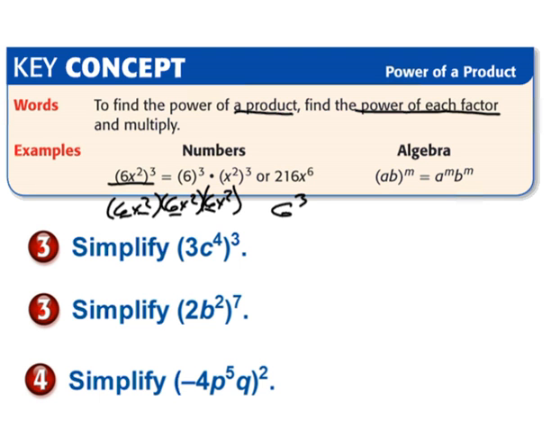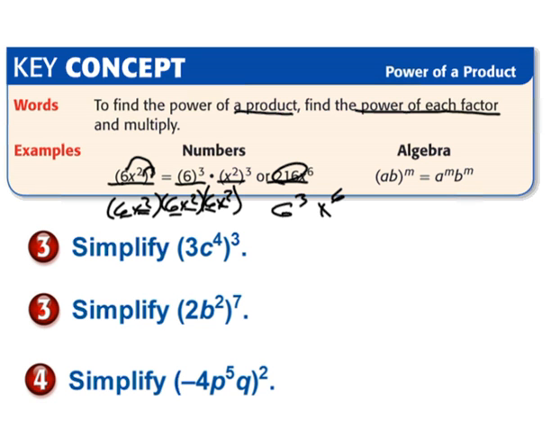And I collect all my x's, I get x squared three times, which is x to the 6th. Or I could simply go 6 to the 3rd power and x to the 2 times 3. So it'd be 6 to the 3rd and x to the 6th, or 216x to the 6th power. 216 because 216 is 6 cubed.